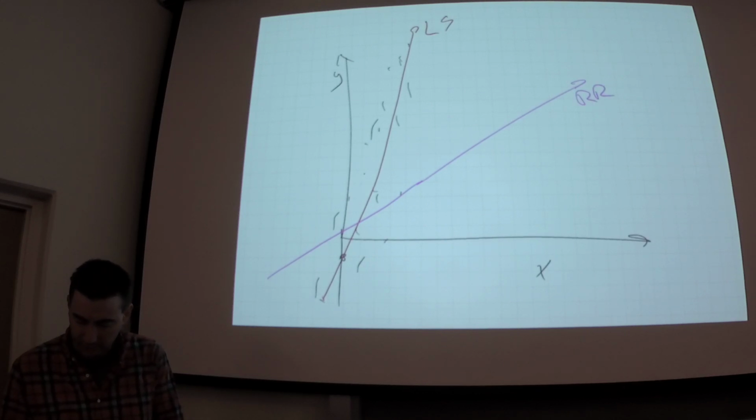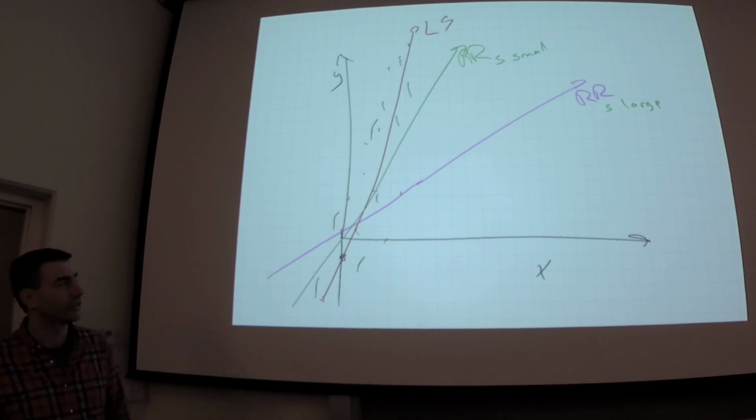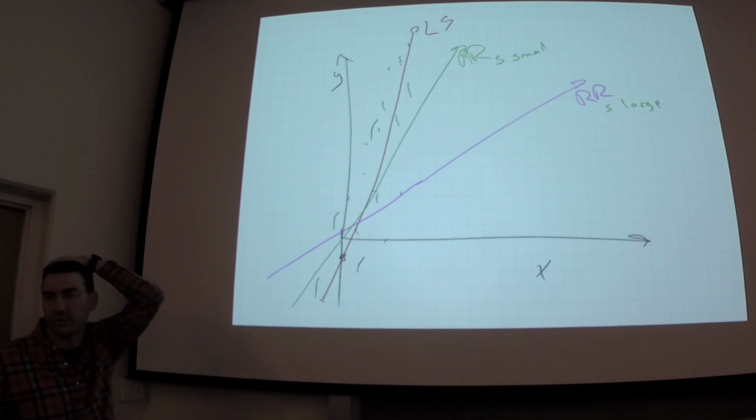Maybe that's too much. Might do instead, this is for s large. So the larger the s, the smaller it forces these parameters to be.